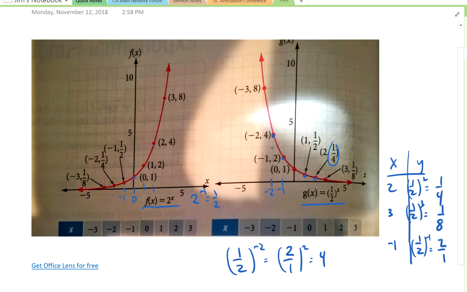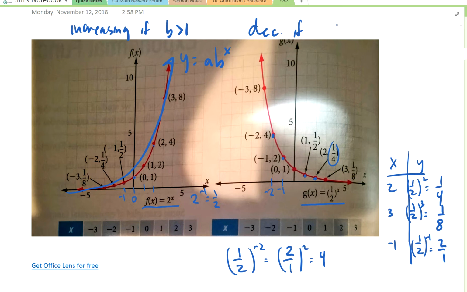Okay, so notice the difference. This one is increasing if b is bigger than 1. Remember my equation, y equals a times b to the x. And it's decreasing if b is less than 1, but of course b has to be bigger than 0.